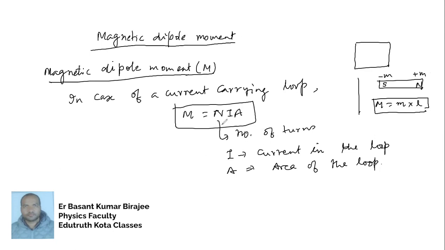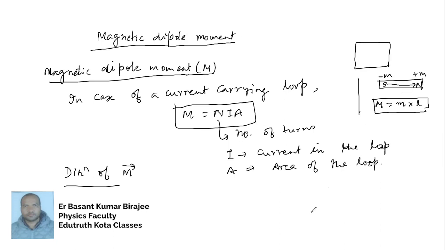And here we have this relation with the area of the loop. And what about the direction of the magnetic dipole moment? Here it is from south to north. This was the direction of the magnetic dipole moment, south pole to north pole, in the case of a bar magnet. But what about a current carrying loop?